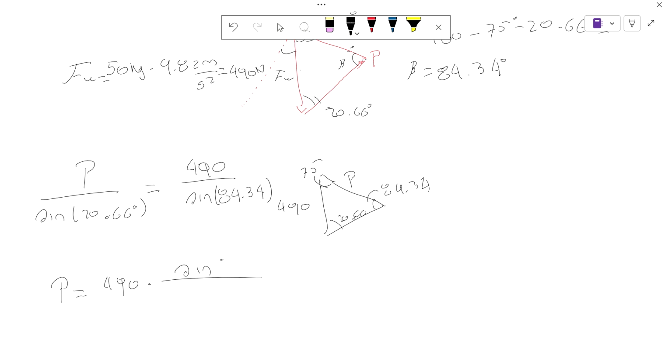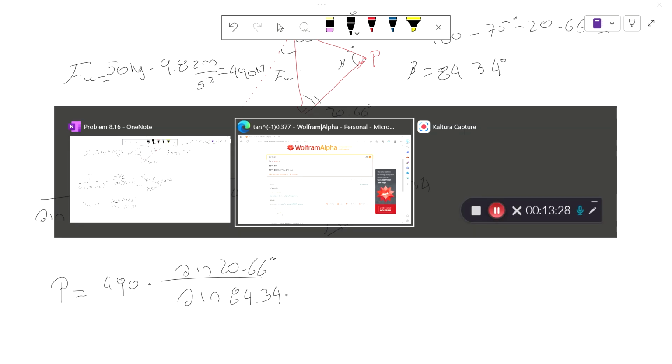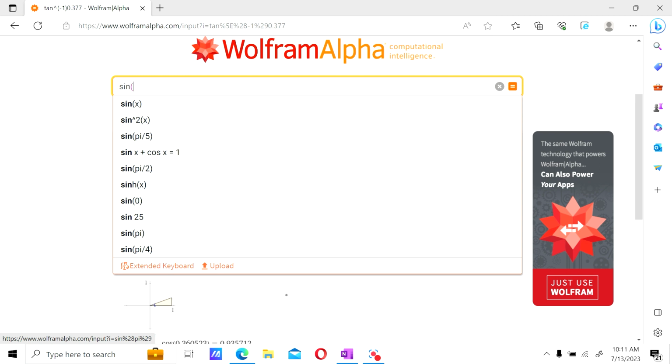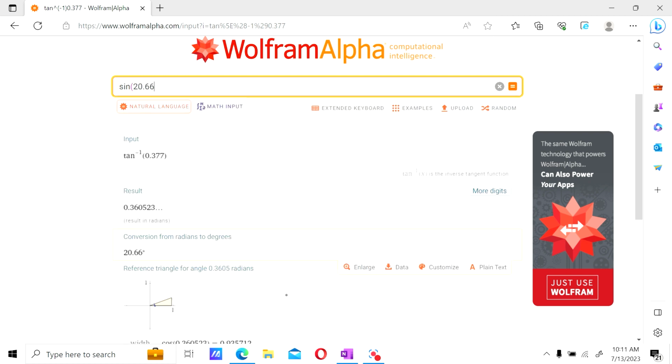Therefore P is equal to 490 times sine of 20.66 divided by sine of 84.34.